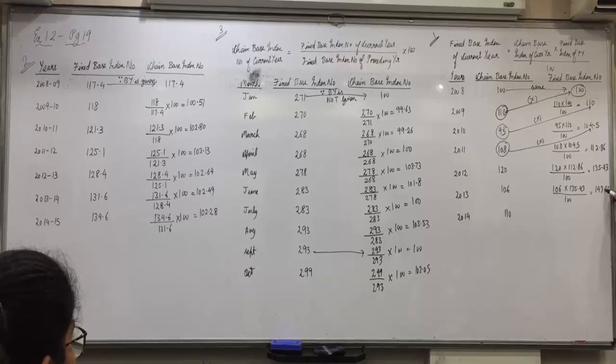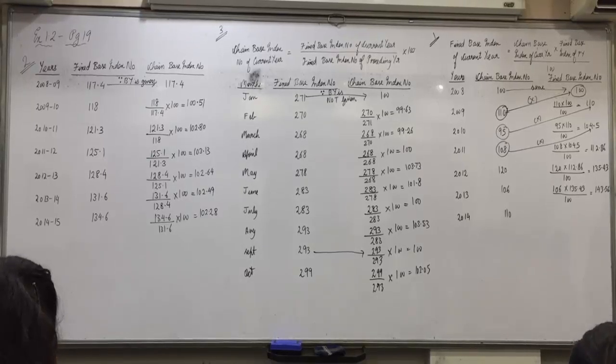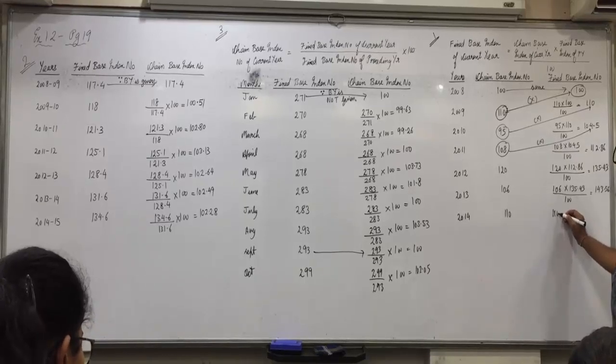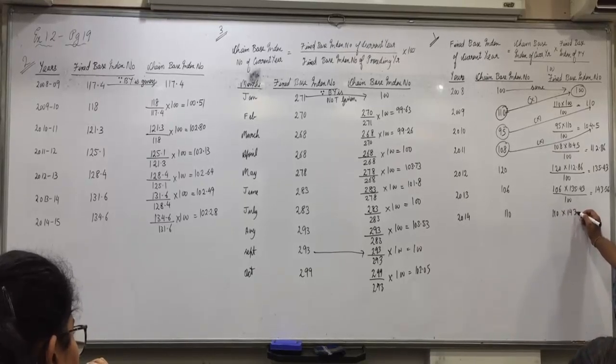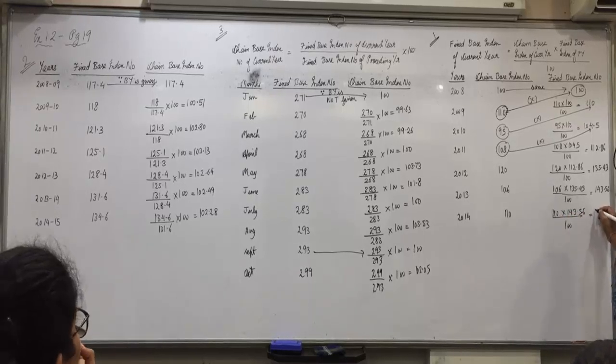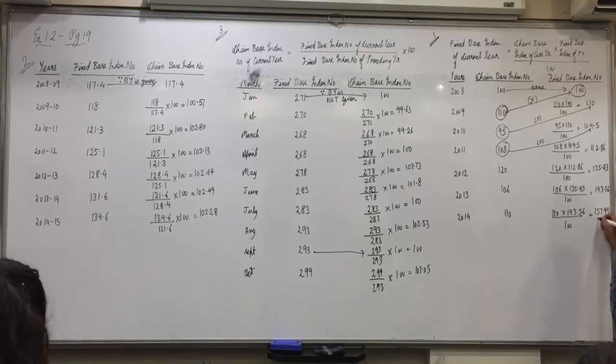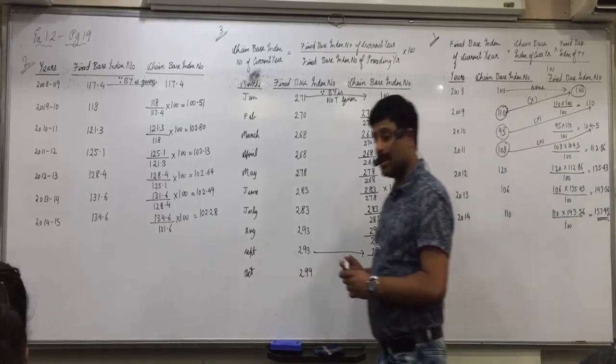Next, 110 multiplied by 143.56 divided by 100. 157.90. Did all of you understand this?